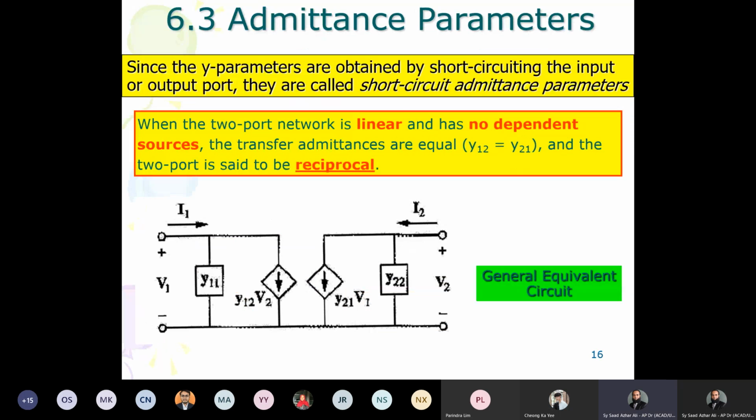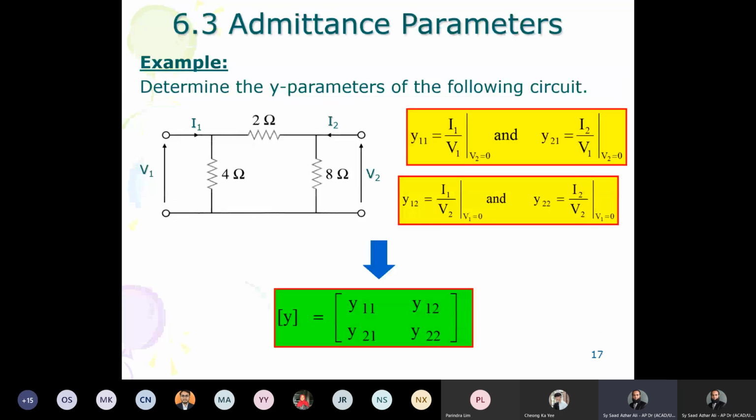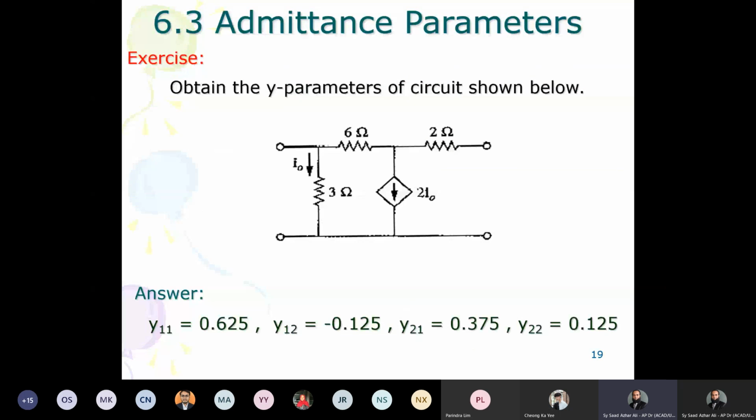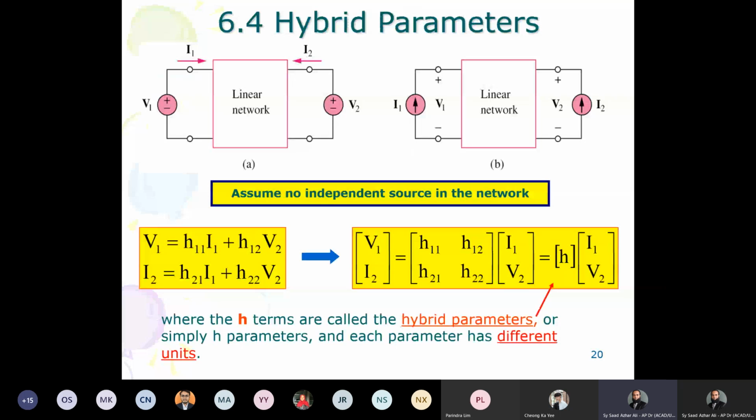Same thing. Hybrid parameters. So the name is like Honda Accord hybrid, which runs on gas and battery, but hybrid means it could be anything.